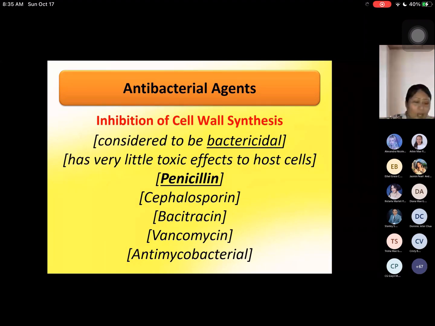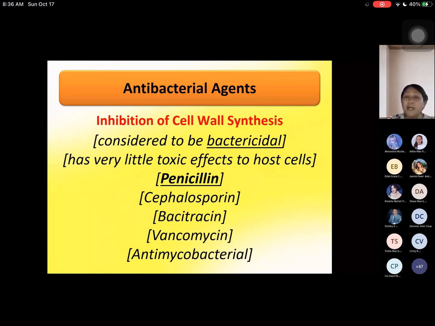So penicillin and other antibiotics or antimicrobial agents prevent the synthesis of peptidoglycan, which results in the weakening of the cell wall, eventually making the bacteria undergo lysis, or bursting.